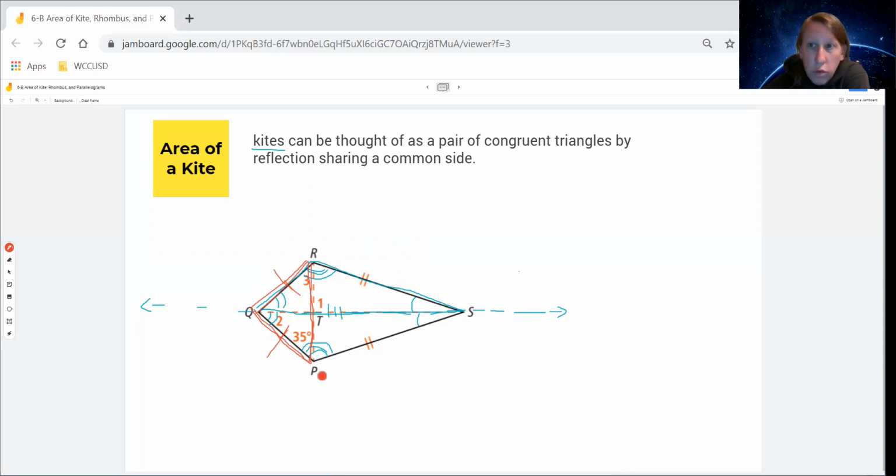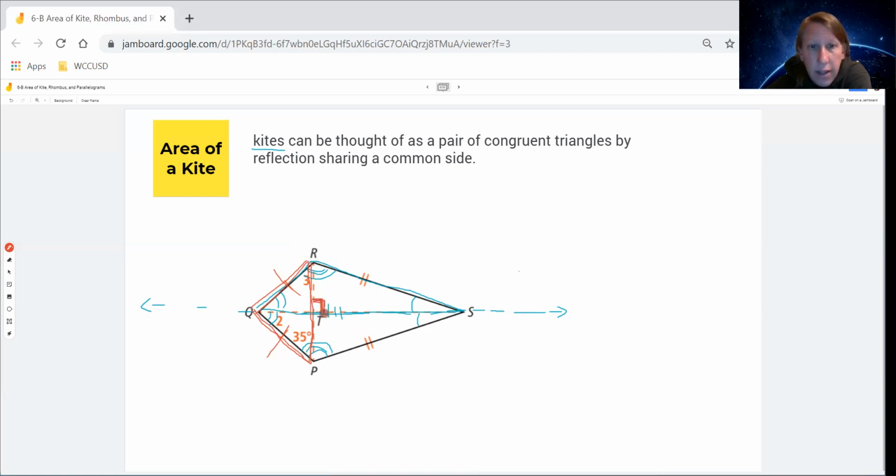One thing that's true is that the angles, do you guys know what it's called when it goes from one vertex across to the other vertex in a quadrilateral? It starts with a D. It's called a diagonal. So kites have a short diagonal and a long diagonal. The short diagonal and the long diagonal meet exactly at a 90-degree angle.